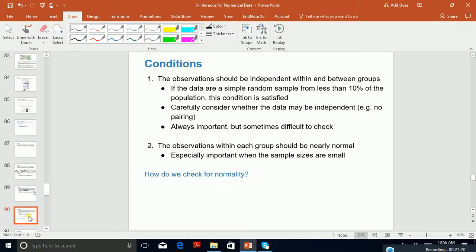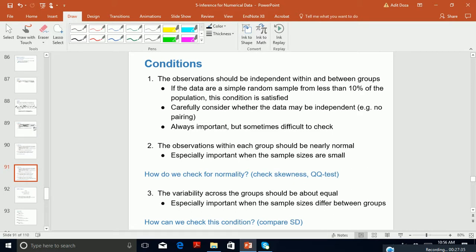The observations within each group should be nearly normal. We always assume normality. If it is not normal, then again it's a problem for constructing the test, right? So how do you check for normality? These are the tests. We check skewness.